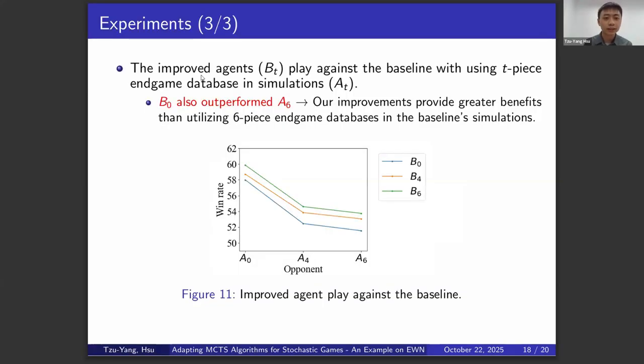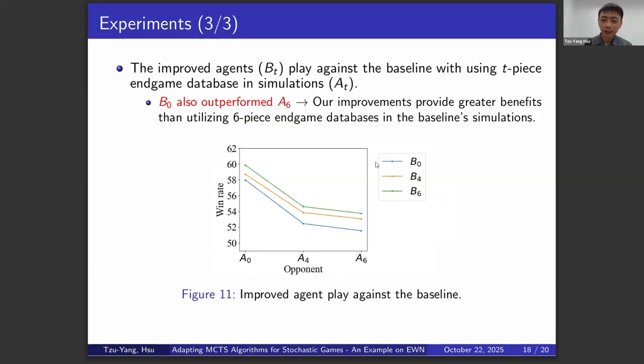And in these experiments, the improved agents play against the baseline using a T-piece endgame database in simulations. In this diagram, the x-axis represents the different versions of the baseline program, and the y-axis represents the win rate from the perspective of our improved agent.